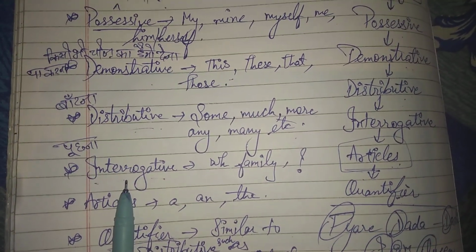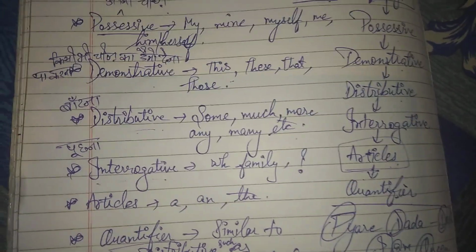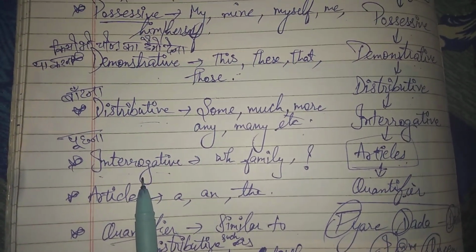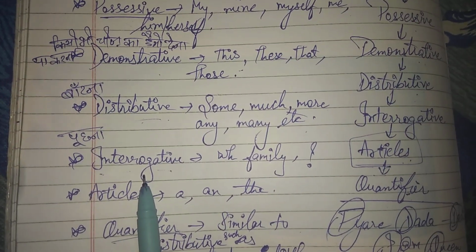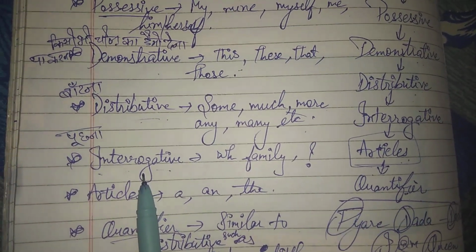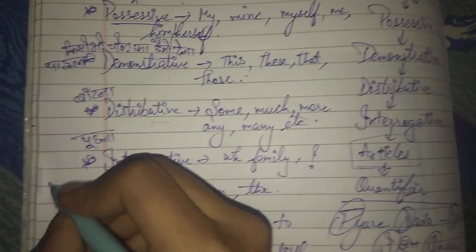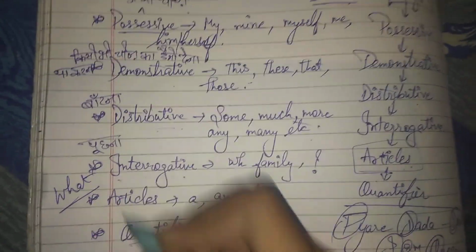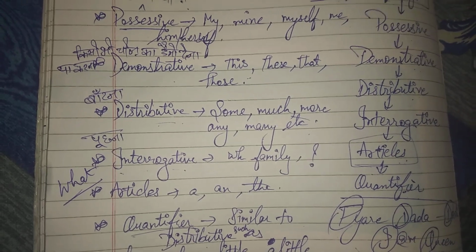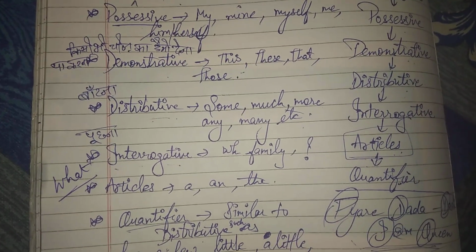Next is our interrogative. Means to say that the WH family, all know this type. Like where, whose, whom, what. And one thing more. We are speaking this word as what, but now you will not speak what, you will speak watch.